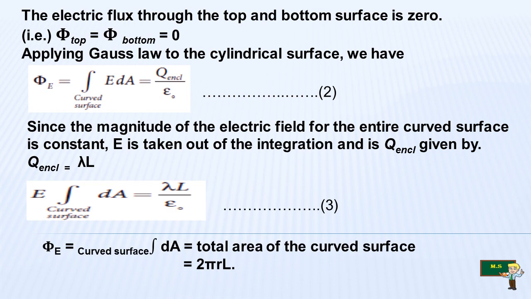Now we can substitute: E times the integral over the curved surface of dA is equal to lambda L by epsilon naught. This is equation number 3. The total area of the curved surface is 2 pi R L. Instead of the integral of dA, we can substitute 2 pi R L.